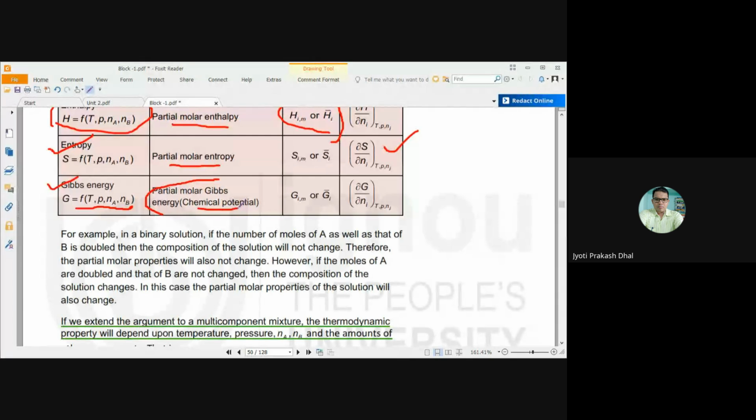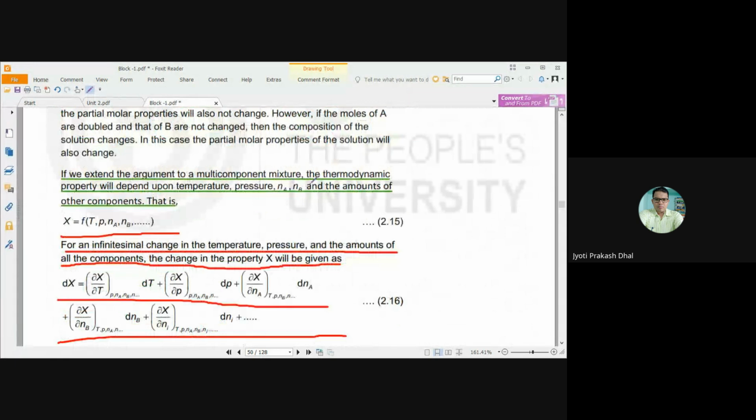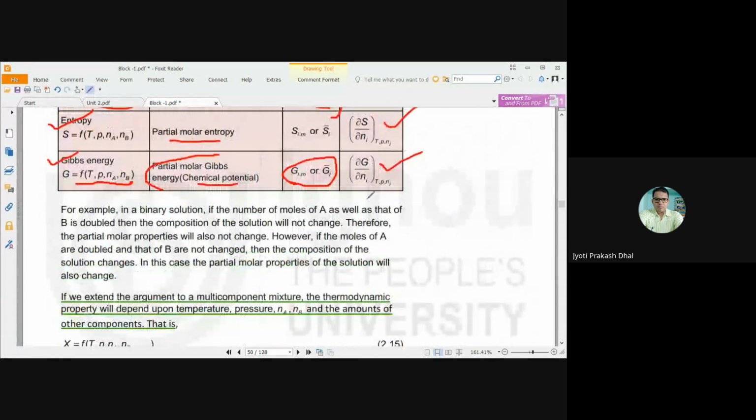The representation or the symbol of chemical potential is GiM or Gi bar. It is also represented as mu i, that we will discuss later, and the expression will be del G by del Ni at T, P, Nj.